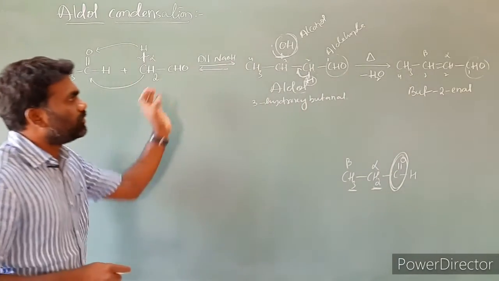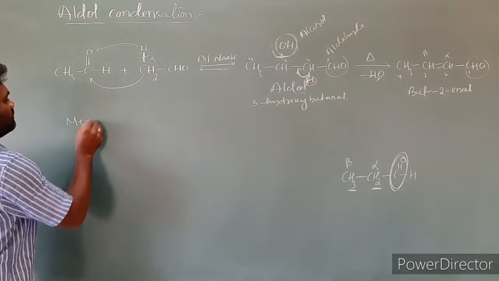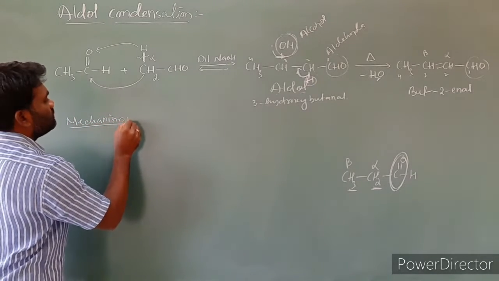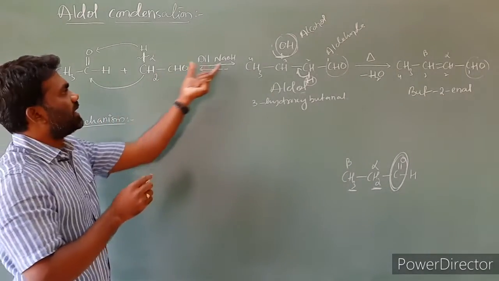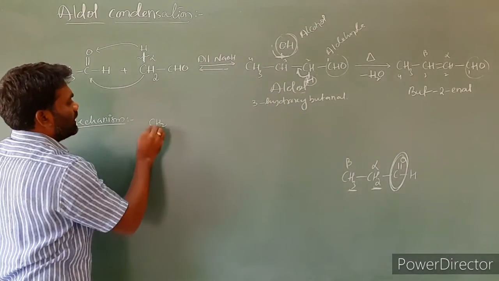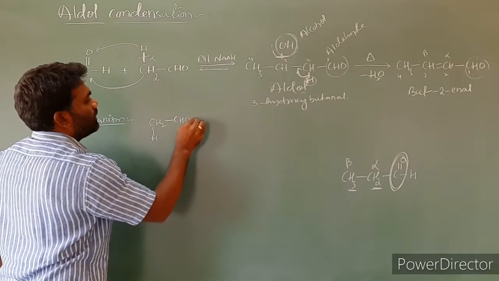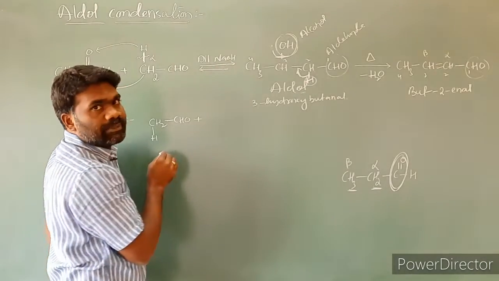Now let us write how you get the product. Let us take the mechanism. First I am taking this aldehyde with sodium hydroxide: CH3CH2CHO plus sodium hydroxide, which dissociates into Na+ and OH-.